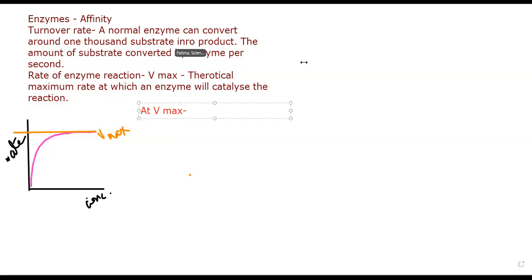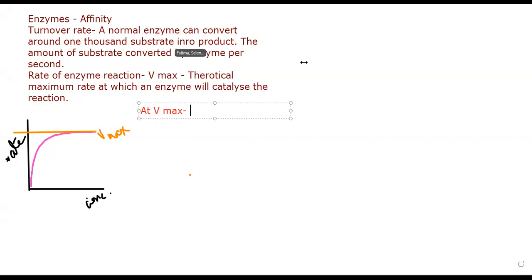The reason is that the enzyme's active sites are all occupied. If all the active sites are full, it doesn't matter how much substrate I'm adding, because the enzymes are fully busy. They are working at the maximum possible speed they can. They can't work any faster because they don't have any free enzymes.